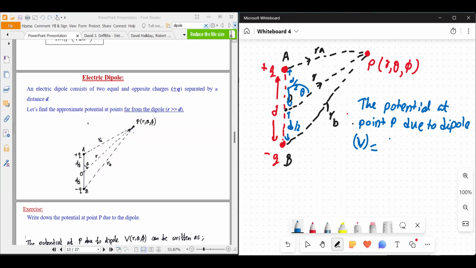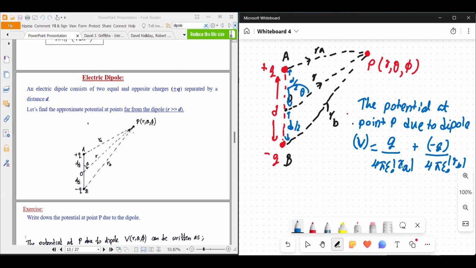With the plus charge, we have q over 4 pi epsilon naught, and the separation from this plus charge to the point we are considering is RA. And then we have another potential because of this minus q, and that is minus q over 4 pi epsilon naught, and the separation is now RB.